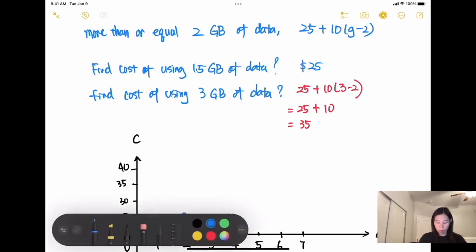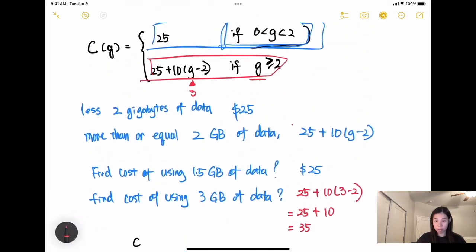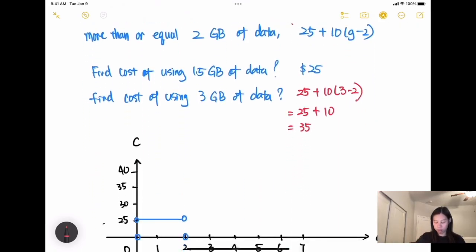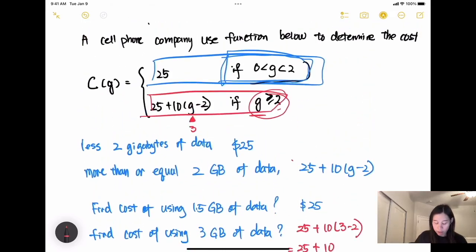Okay. The second part of the piecewise function is here, when G is greater than or equal to 2. That means it includes 2 to infinity. Then you need to draw the function 25 plus 10(G minus 2).